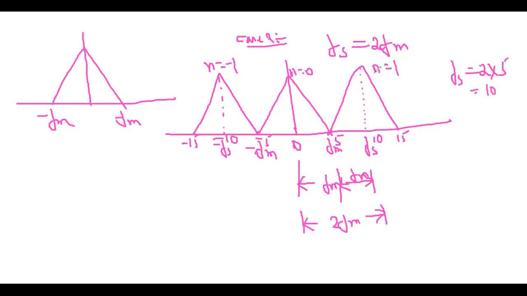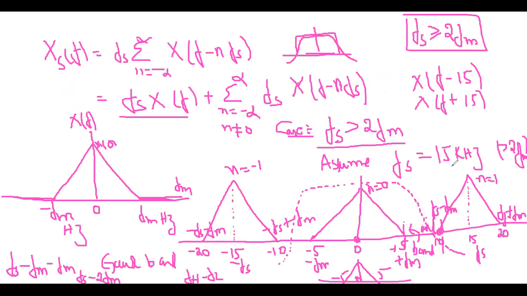Okay, the sampling frequency. But the sampling frequency in the previous case was 50 kilohertz, the kilohertz we can take. Here Fs is equal to what is the value here? 5 only, 2 into 5 is 10.